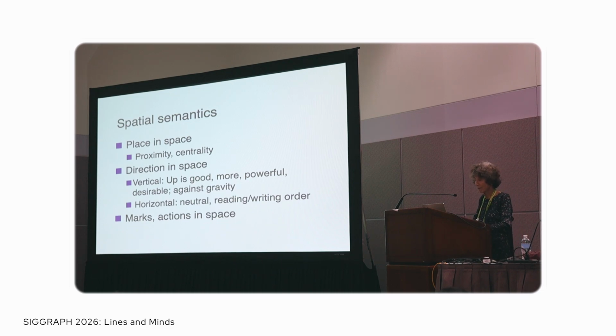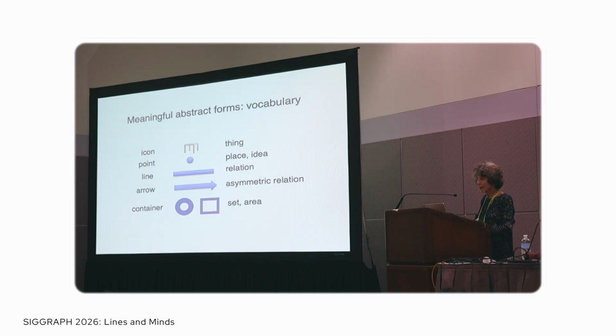It's fascinating. So then we have our marks, and the marks can be things that represent things, like icons, depictions, whatever. But there's also this other vocabulary of points and lines and arrows and boxes that have meaning, and they come from our experience in space.